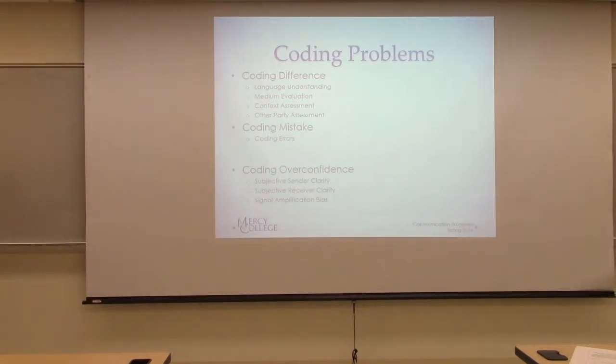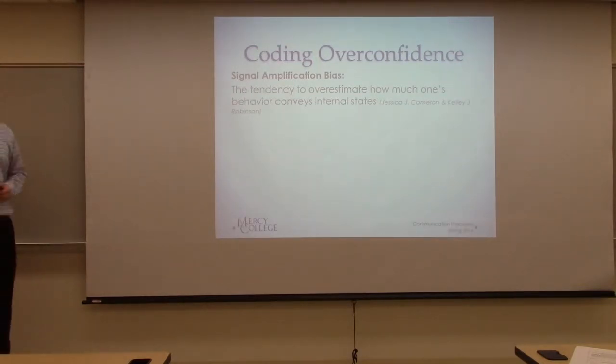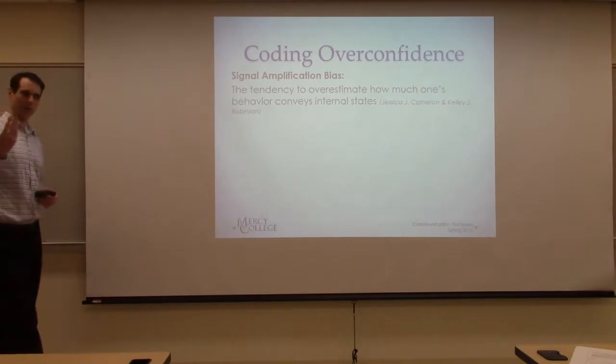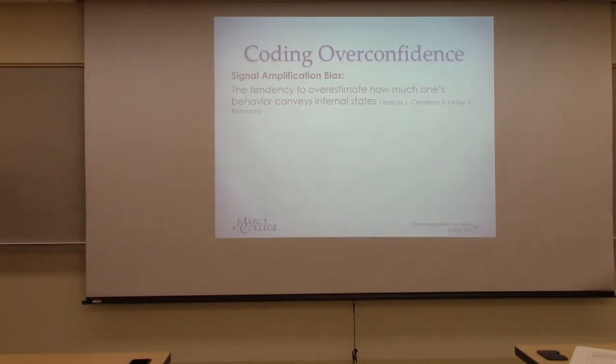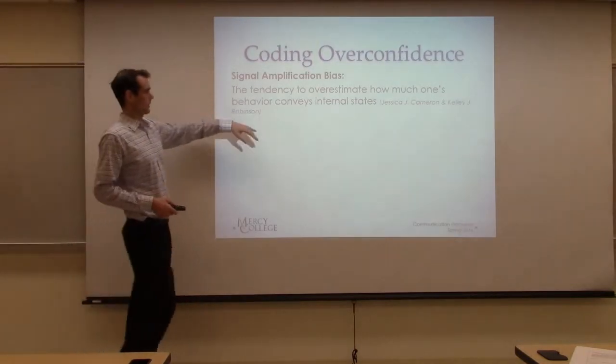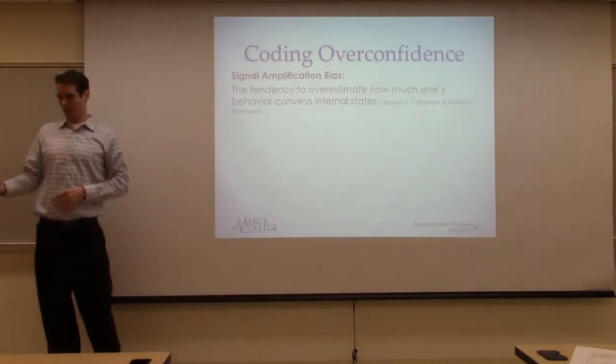That means the following: the tendency to overestimate how much one's behavior conveys internal states. So I think my behavior clearly conveys how I'm feeling about you, how I'm feeling about a situation, and what I want you to do. And the research says that this is typically overestimated.